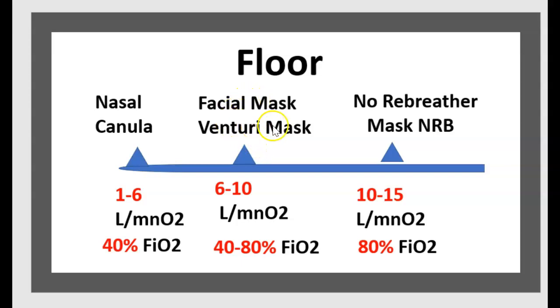For facial mask it is 6 to 10, and for NRB it is 10 to 15. FiO2: nasal cannula 40%, facial mask 40 to 60%, and NRB 80%. 40, 80, 40, 80.